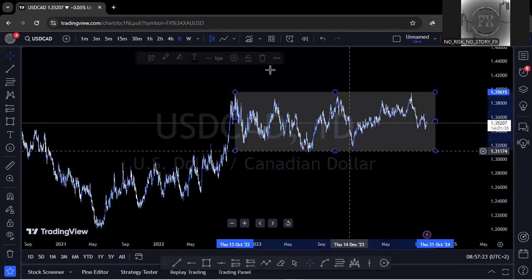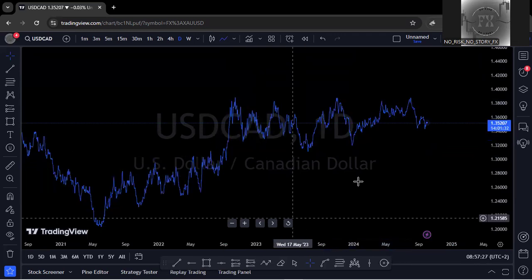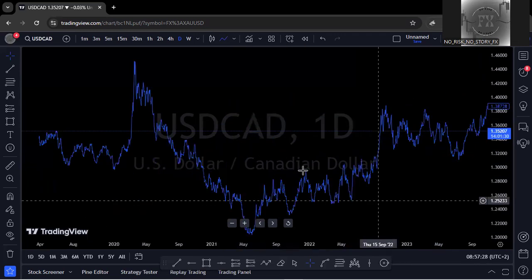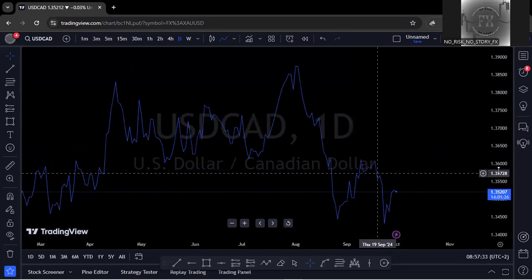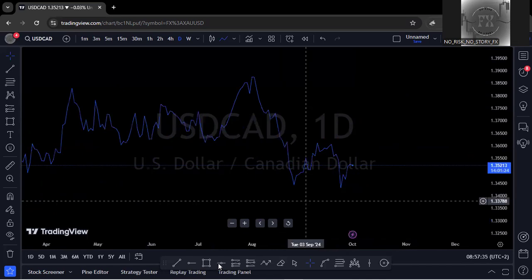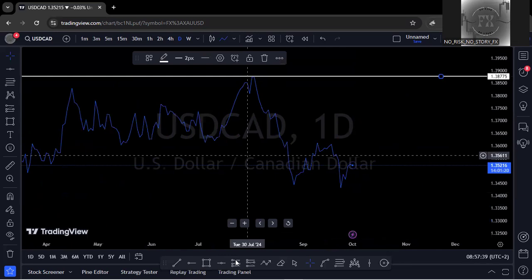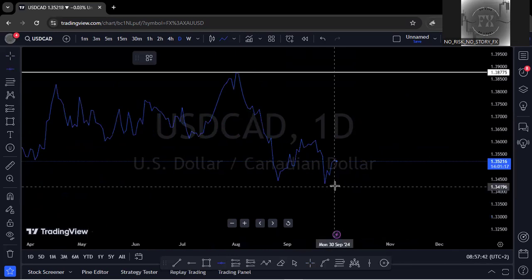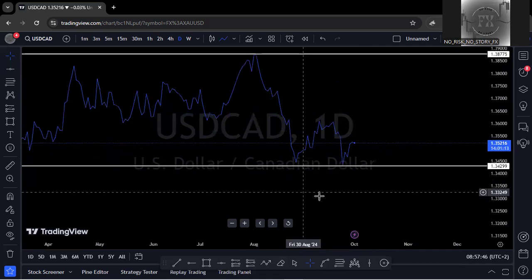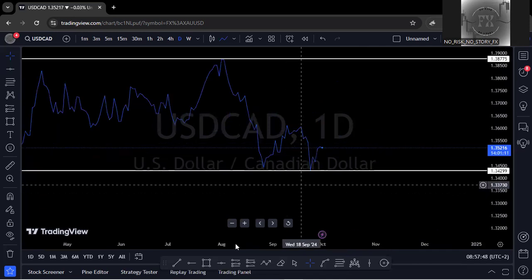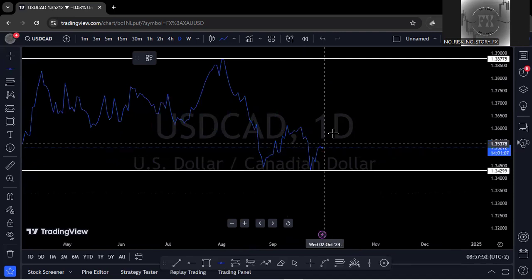Then let me remove this, and I'd like to go to my line chart. In my line chart, I would like to just place my current highest and my current lowest point, with my current highest point being this one here, and my current lowest point being this one here, right? And then now I'm going to highlight the areas whereby the market touches and reverses the most.